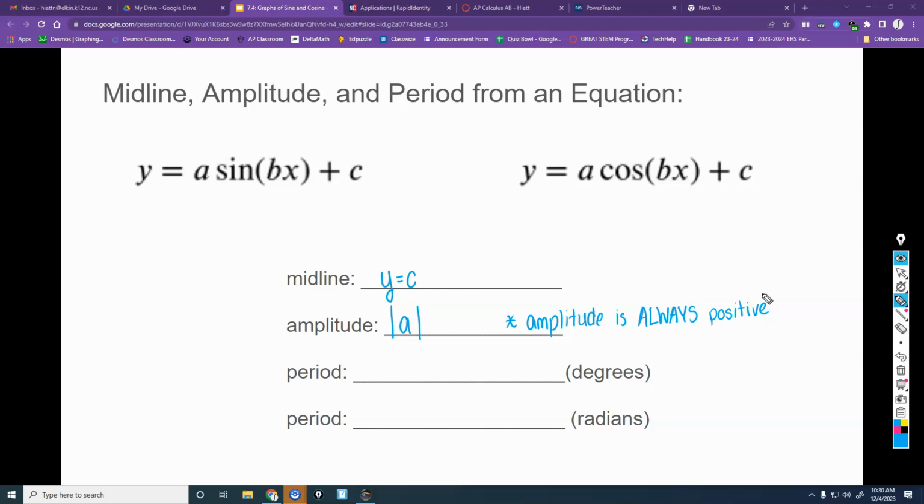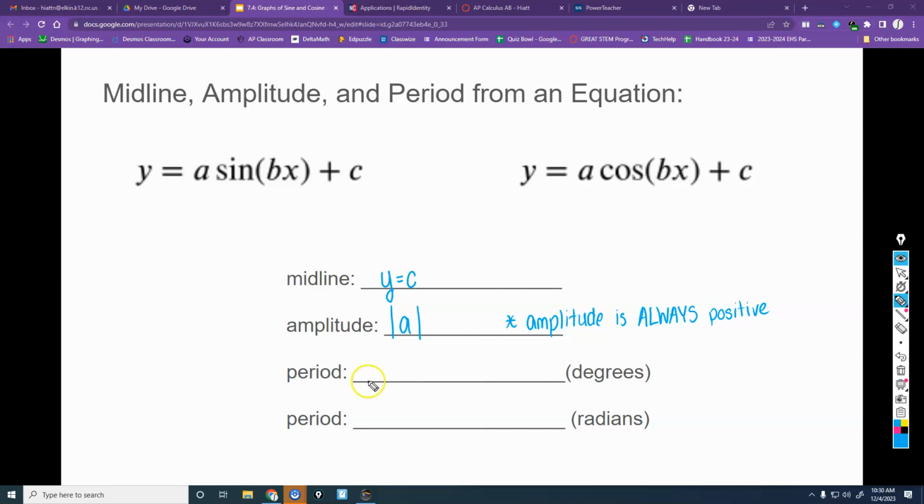Now, I'm mostly going to ask you to find the period of a graph in radians, because I think that's what they're going to ask you more. However, I looked through the standards for the class, and it does say you're supposed to be able to do this with degrees and radians, so I'm putting them both in here. The problems I have seen are typically more radians than degrees.